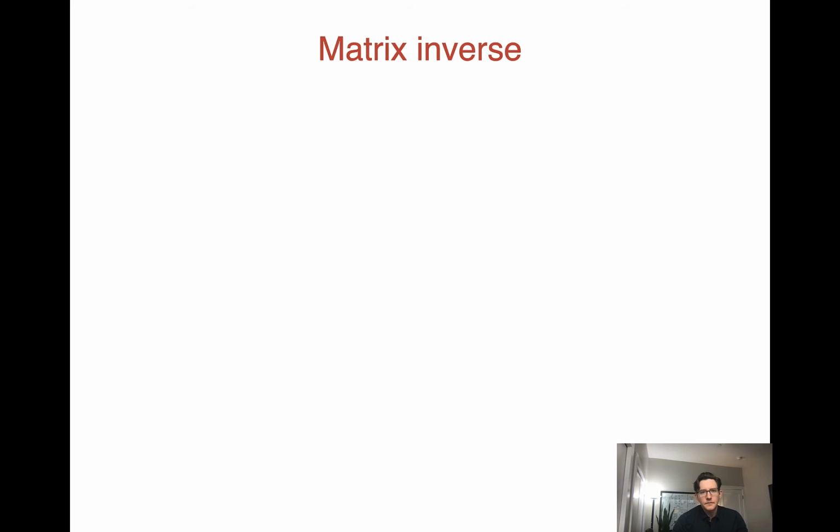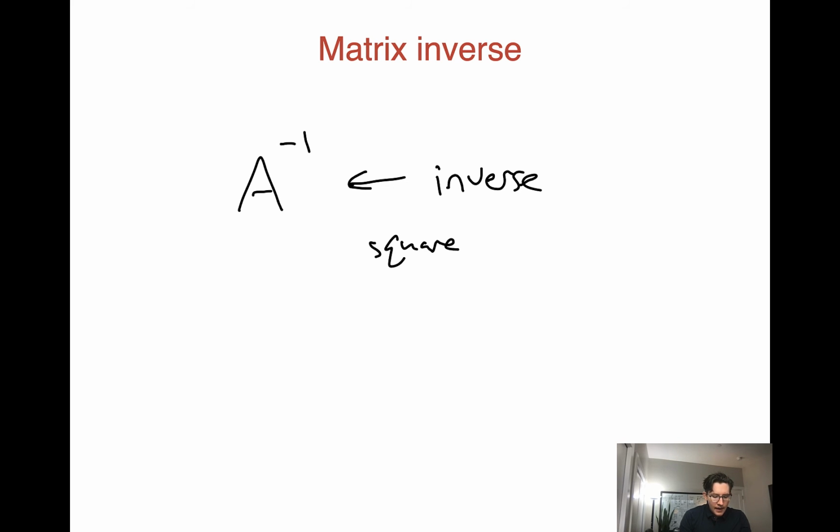Here's another property we're going to be using a lot in this course, the matrix inverse. If we have a matrix A, we write A^-1 as the matrix inverse. For A^-1 to exist, A must be square and invertible.